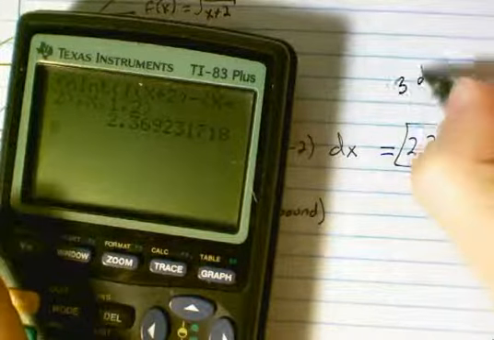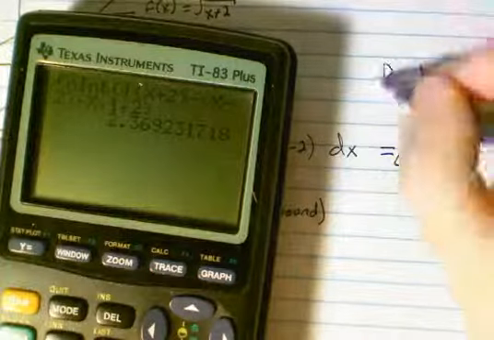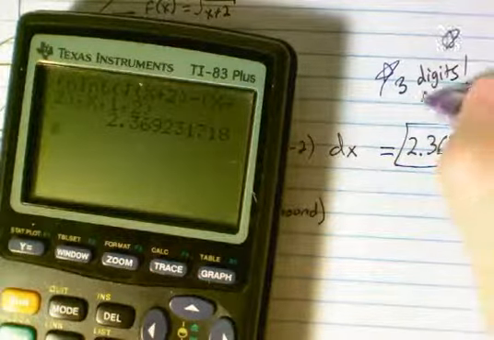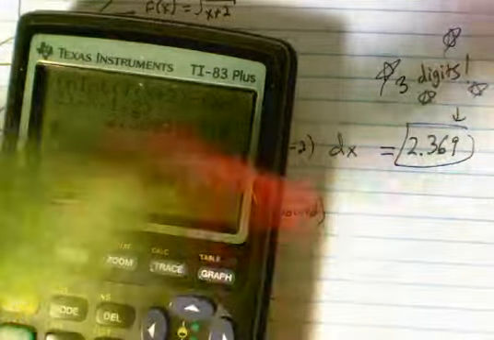Always round to 3 digits after the decimal. This is extremely important. It is a convention on the AP test. If you do not do that, you will get the problem wrong, and I will cry, and the dragon will eat you.